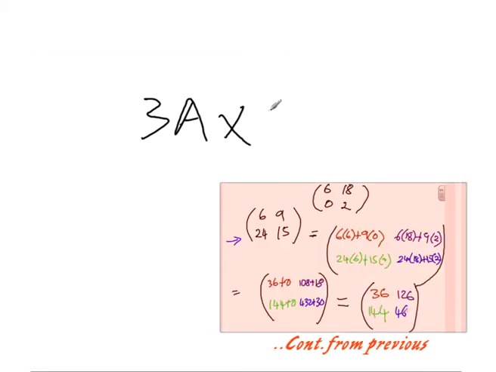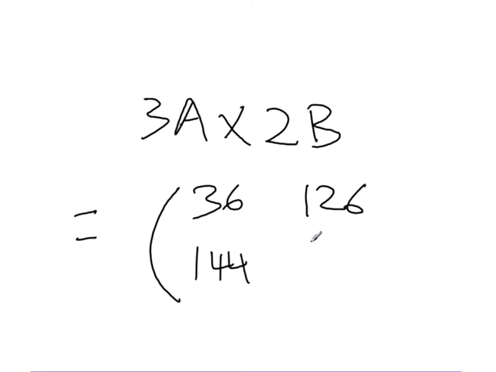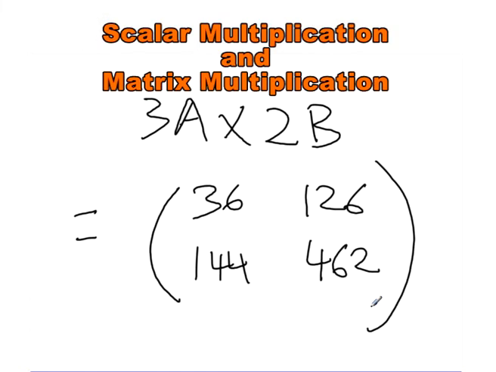So 3A times 2B will give you 36, 126, 144, 462. This is a combination between scalar multiplication and matrix multiplication.